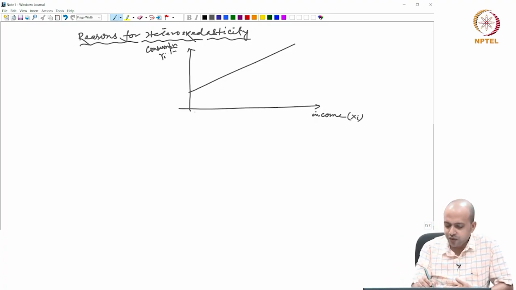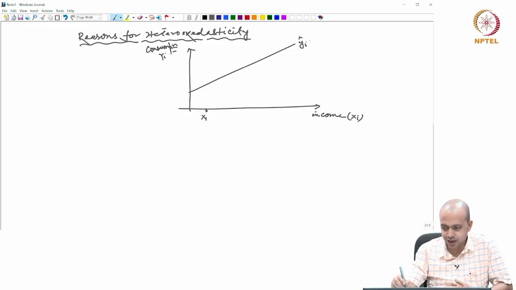Now, for any given value of xi, let us say this is x1, for any given value of x1, this is your yi hat, yi hat equals alpha hat plus beta hat xi. This is the line you have fitted.